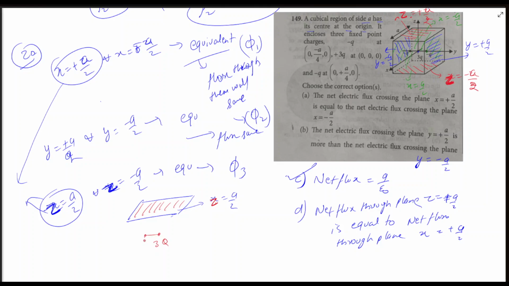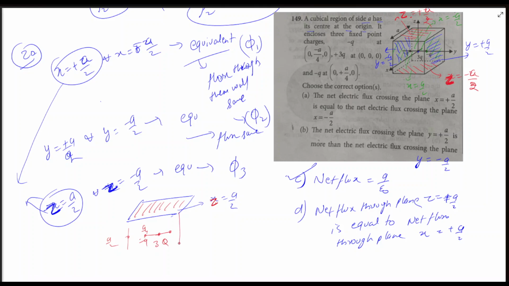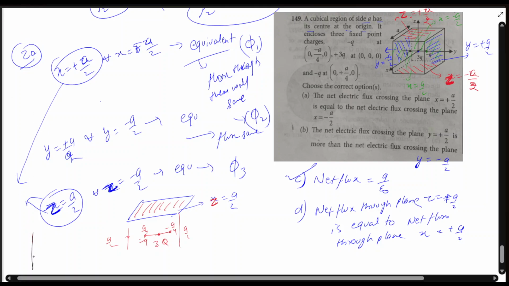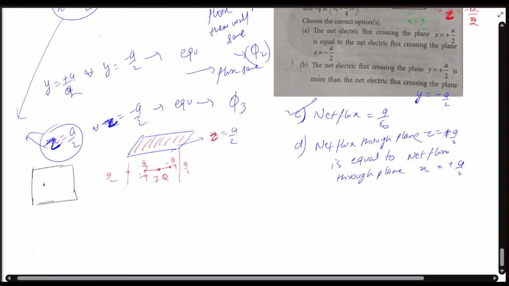On the left side of it at a by 4, there is minus q, and on the other side, at minus a by 4, the charge is again minus q. Similarly, now look at this plane, the charge is here.